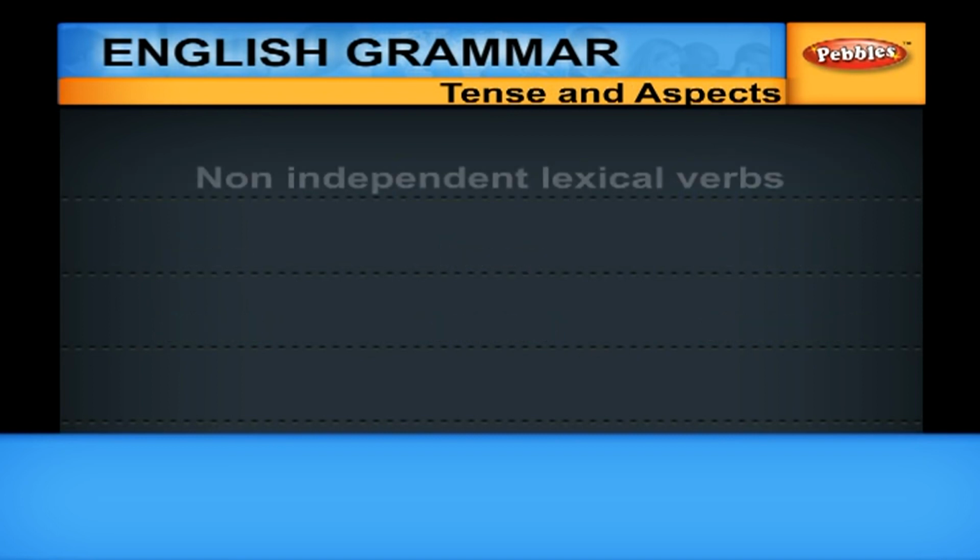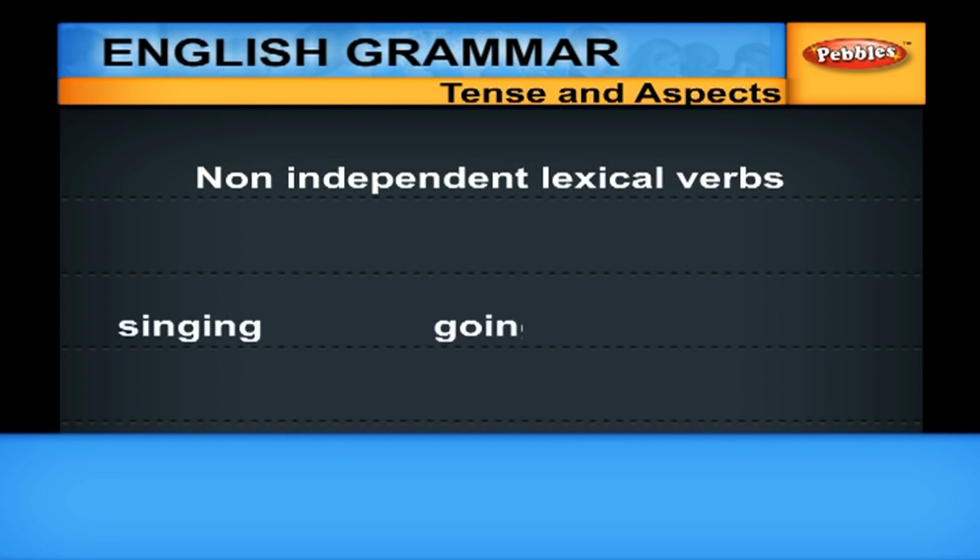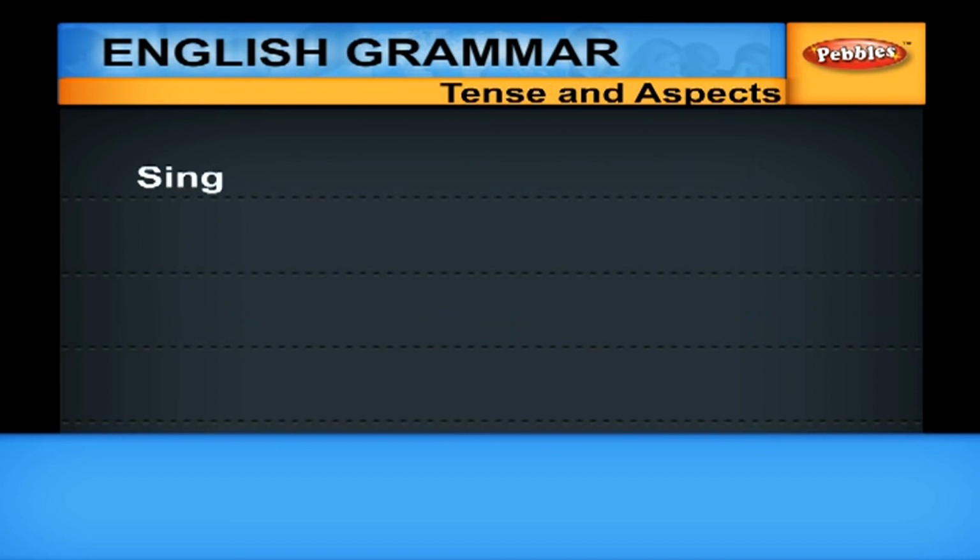Now, we come to the non-independent lexical items. Take these verbs: singing, going, reading. We have added ing to the root verb or VO verb. Sing plus ing, go plus ing, read plus ing. Singing, running, reading.